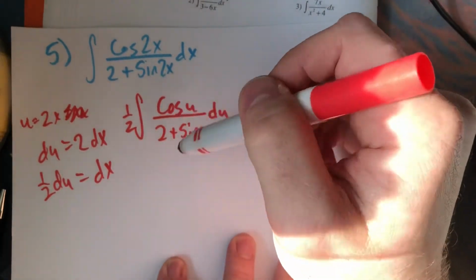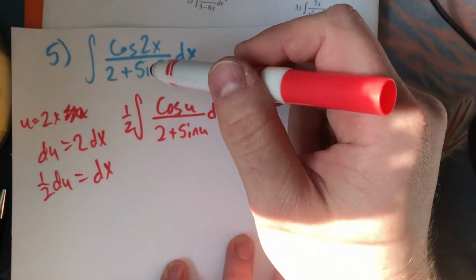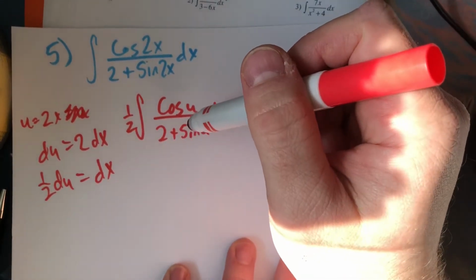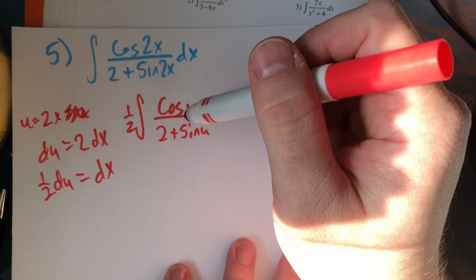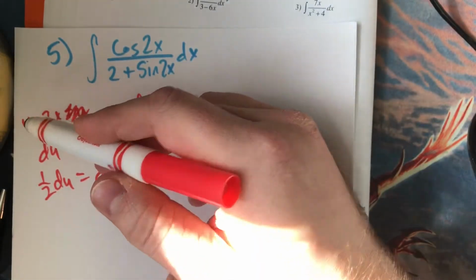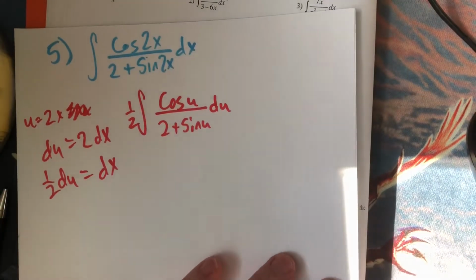I don't know this integral. So it maybe makes it look a little bit nicer, but it doesn't get me to something that I know the integral of. So that tells me this is not an effective u to pick.